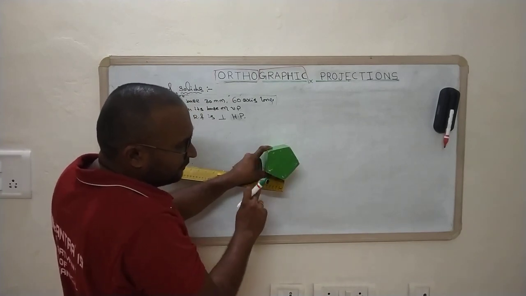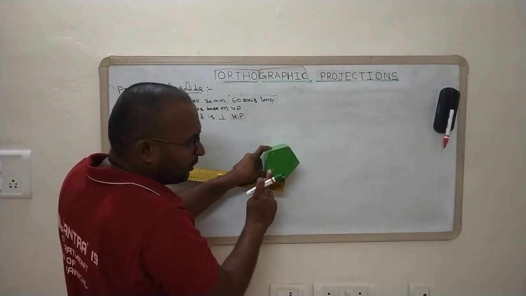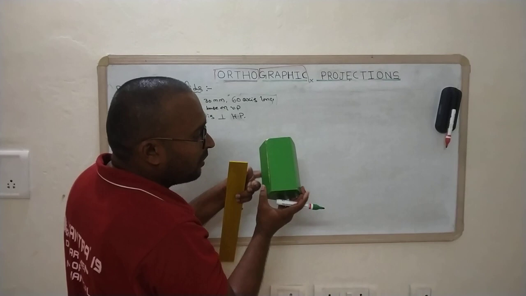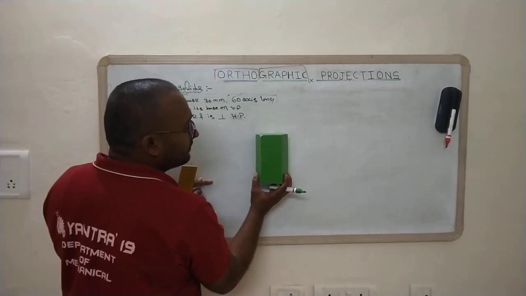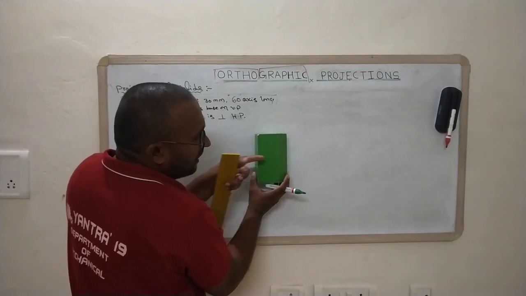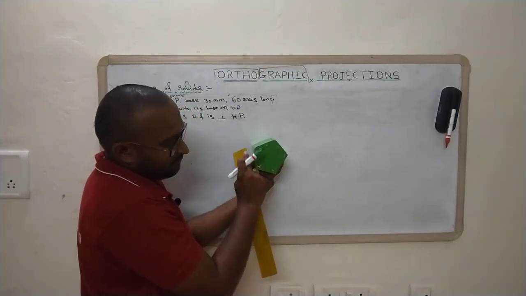So we should start with a vertical line, then construct the pentagon in the front view, then project the top view. On the top view we will get it like this, where two surfaces are going to be visible. On the front view we will get the vertical-lined pentagonal shape.